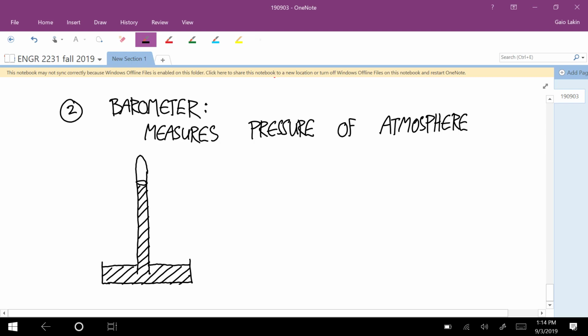So that's the liquid. And you want to choose a liquid that is going to have a very low vapor pressure in here.